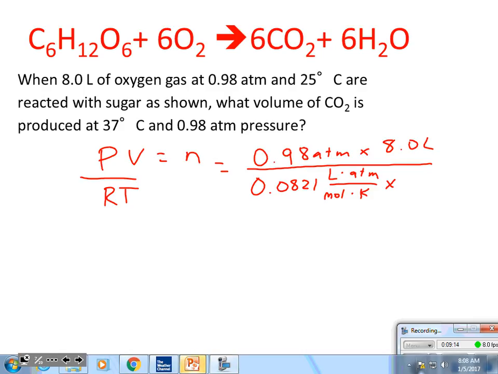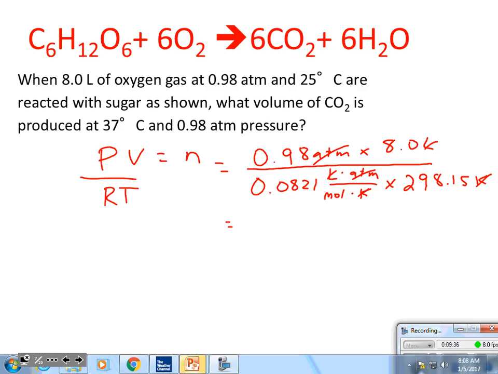So this is at 25, so that's going to be 298.15 Kelvin. Do my cancellations. I indeed am going to come up with a mole as my label.